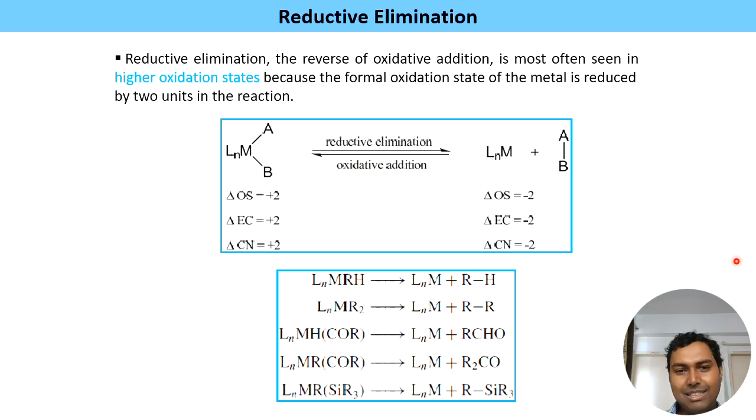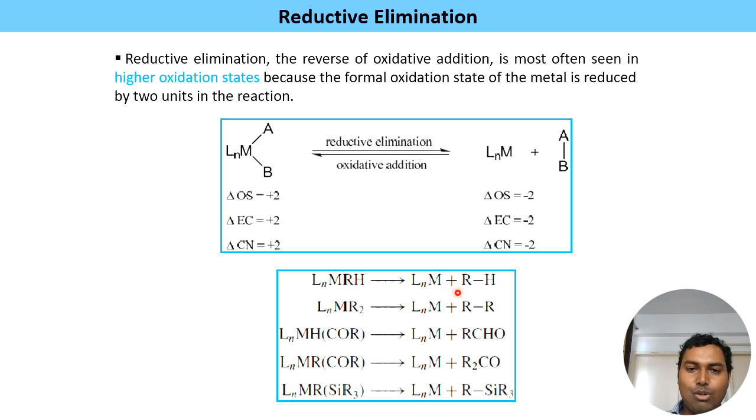But the reverse reaction, the decomposition of this product to this A-B and this LnM, here the oxidation state, electron count, and coordination number are each decreased by 2. Then this reaction is called the reductive elimination reaction.